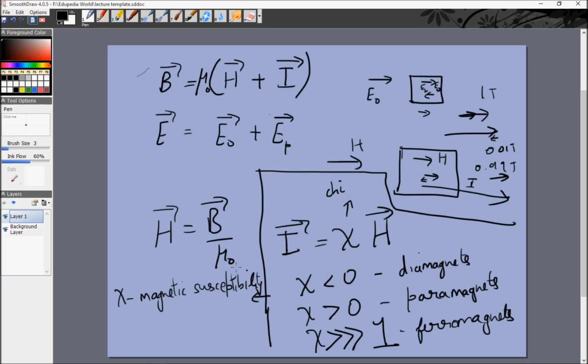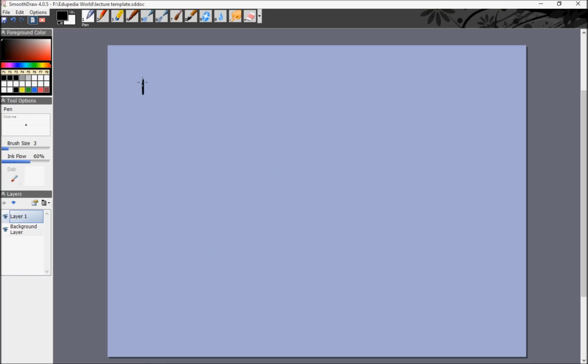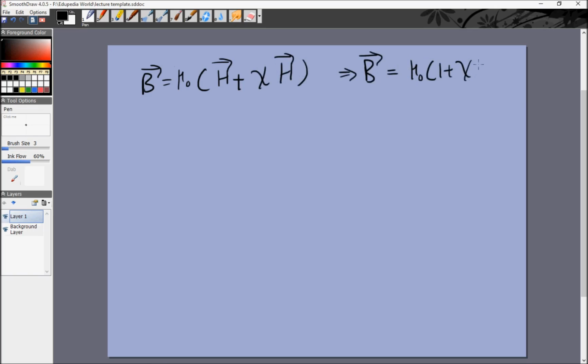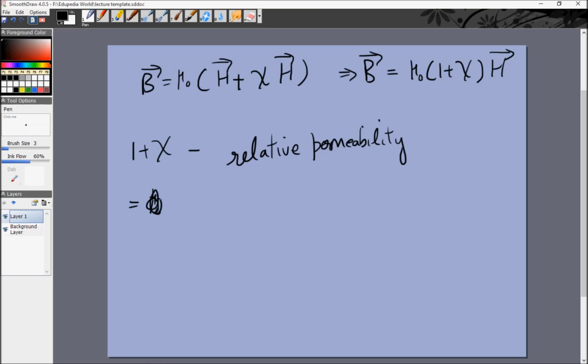Now let's again start with I is equal to chi H. Once we have B is equal to mu naught times H plus I, I can write I as chi H. From that we get B, the resultant magnetic field, is equal to mu naught times (1 plus chi) times H. Now 1 plus chi is called relative permeability, and that is also called mu r, which is basically mu by mu naught.